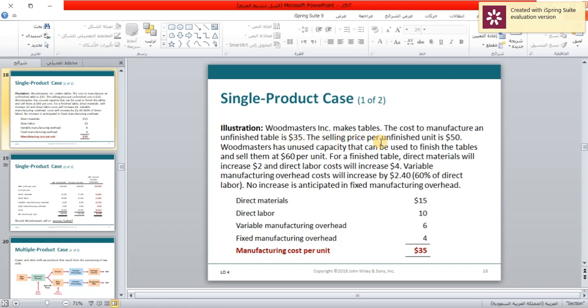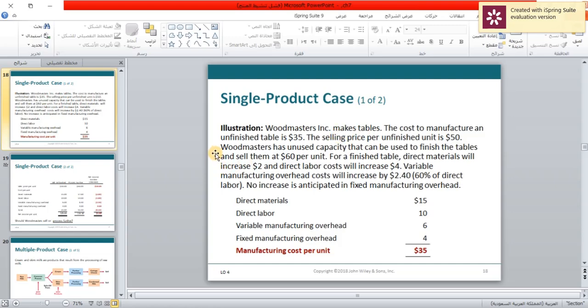The selling price per unfinished unit is $50. In this phase, the cost per table is $35. We can sell it as it is for $50. This is the current situation.